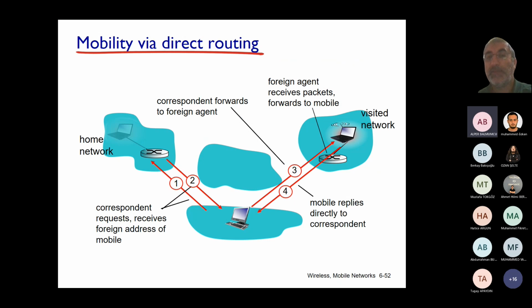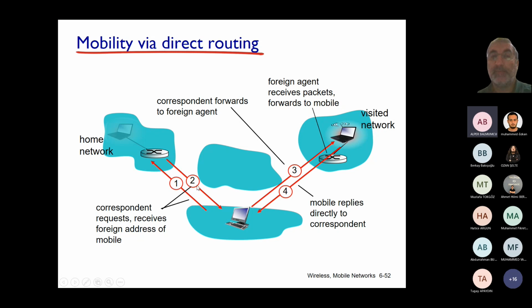Okay, let's look at the second method we talked about, direct routing. How does this direct routing work? In the first step, the correspondent requests and receives the foreign address of mobile, the care of address of mobile.